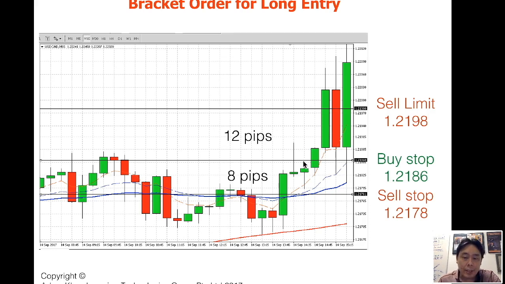So the moment this candle closes, before the next candle starts forming, I'll place my buy stop order just above the high of this candle.